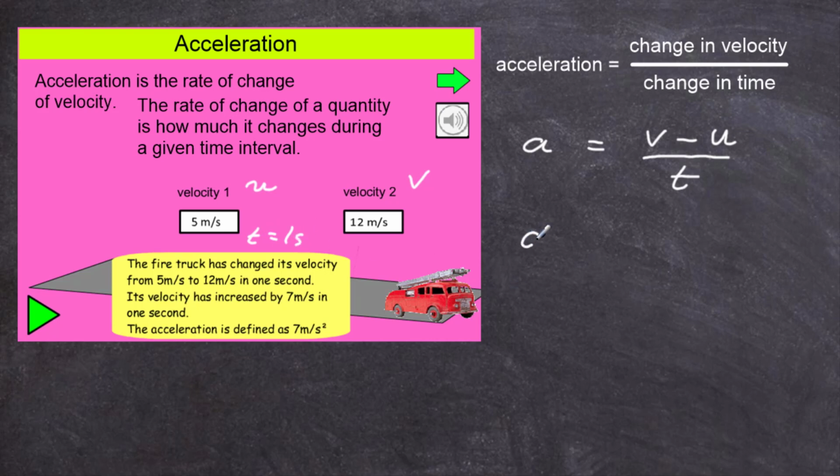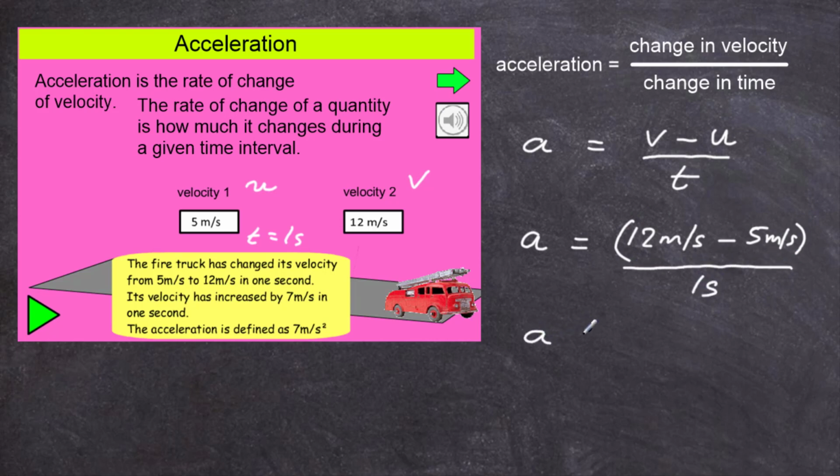So we put that into an equation, we'd get the size of the acceleration. Final velocity is 12, and I always like to put down the units of the velocity, 12 meters per second, take away 5 meters per second, put a bracket around that to show it's one calculation, and we're dividing this by just 1 second.